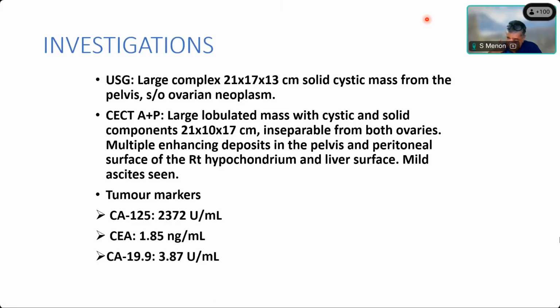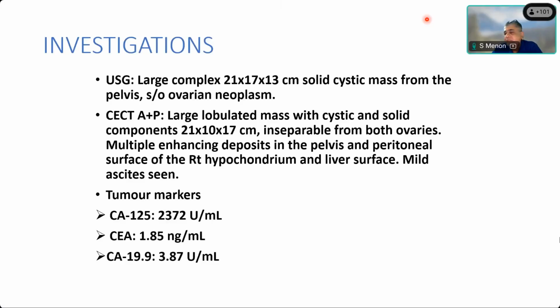Can any one of you, maybe Adiba, tell us something about tumor markers? In this patient, the tumor marker CA125 was very high, 2372. So what is the importance of CA125, CEA, and CA 19.9? Can you tell me, Adiba, what is important and why it is important?